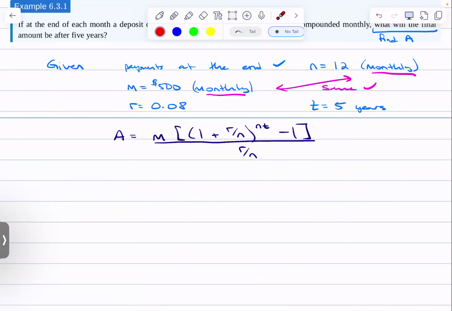We want to solve for A, that's nice. And we have M is 500.